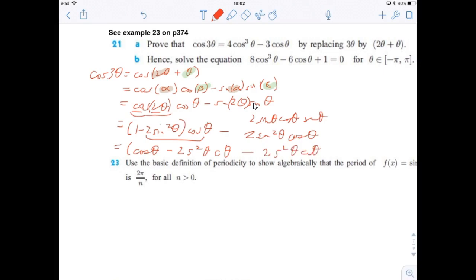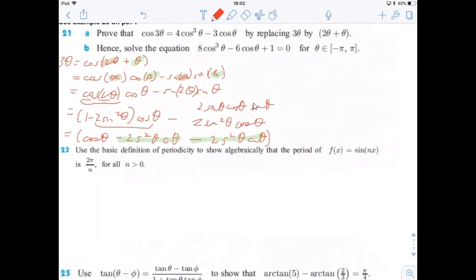Now you can see why I'm thinking it didn't work out as well as I thought it would: I now have negative 2 sine squared theta cosine theta twice, and I wanted them to cancel out, but they did not cancel out. Let's see if something else good happens. Just goes to show you, this is not exact science figuring out how these work, okay?